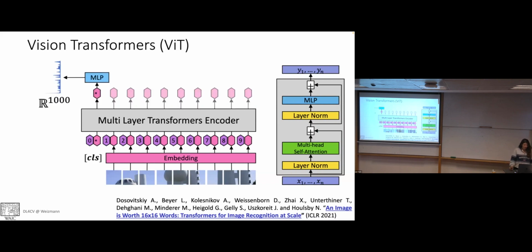And if, for example, you want to use this ViT in order to classify, you can add another token, which you consider as the class token, and you only look at the output of this token, and this is gonna give you the probability of the class.